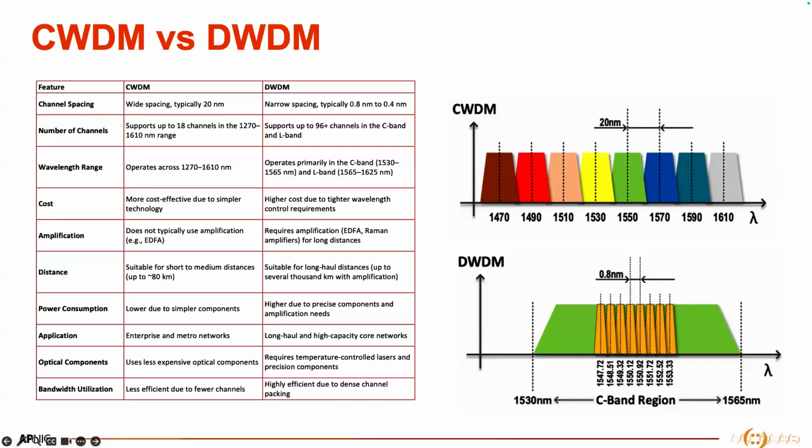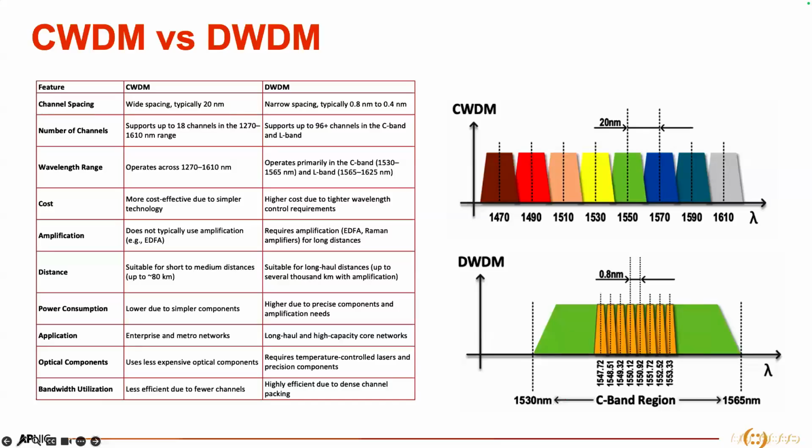So what happens when the temperature is outside the range? It might be colder, it might be warmer or hotter. When it is outside the threshold range, the lambdas start to change their shape. They start to overlap with each other. As you can see in the diagram for DWDM or CWDM, they are sent over different wavelengths, different lambdas, and each lambda has a gap between the next one.